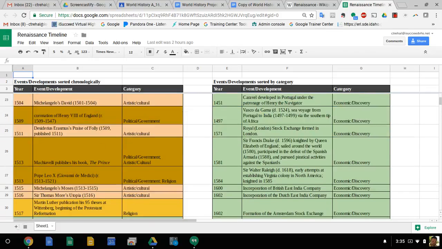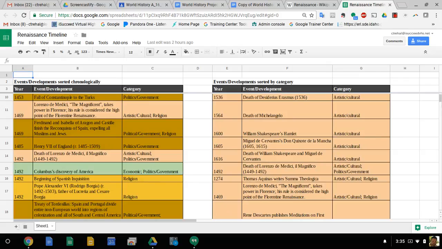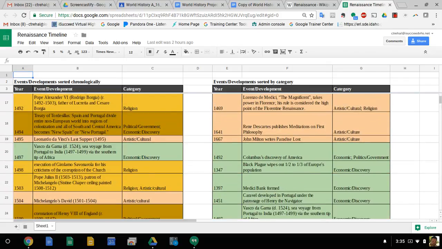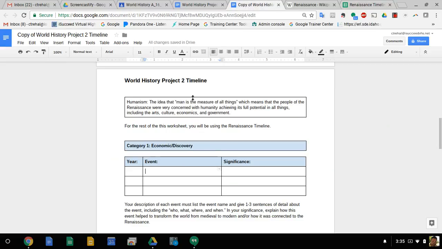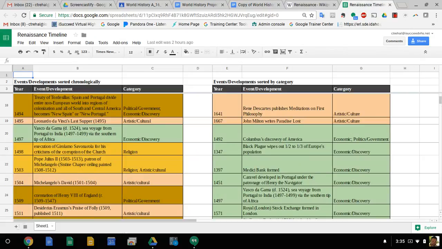So I'm going to first choose the Medici Bank. So I will put that there, and that was in 1397. Okay, I'm going to keep going.